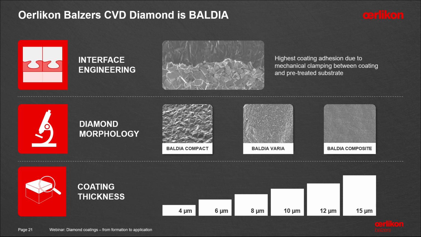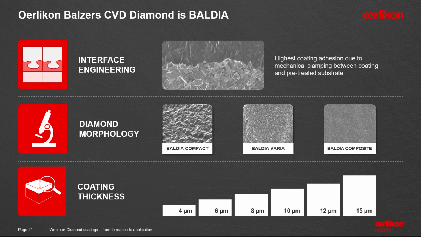I also mentioned before that the growth of the diamond crystal can be adjusted, and specifically for diamond, which is less usual on PVD, we adjust also, particularly for each application or project, the thickness that is really matching the requirement.